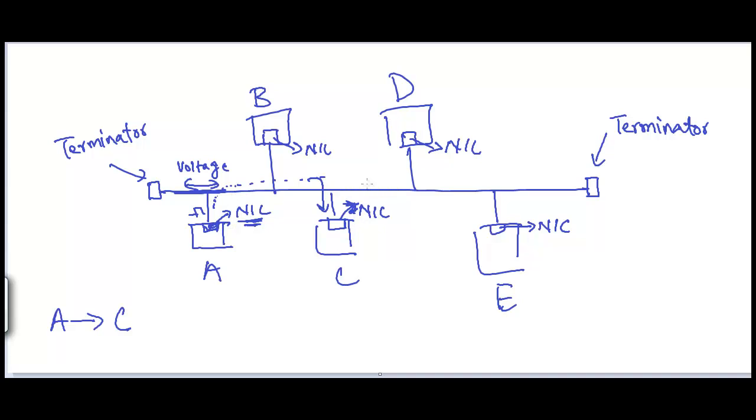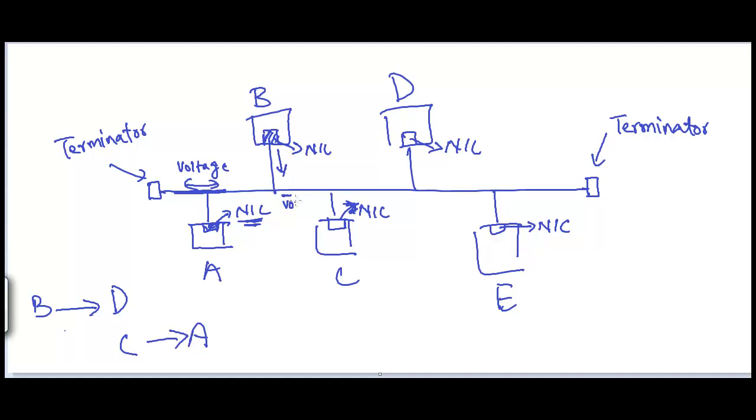So A was able to transmit the message to C. Now let's imagine a second scenario where B wants to send a message to D, and C wants to send a message to A. B's network interface card is going to sense this wire and check if there is a voltage or not.